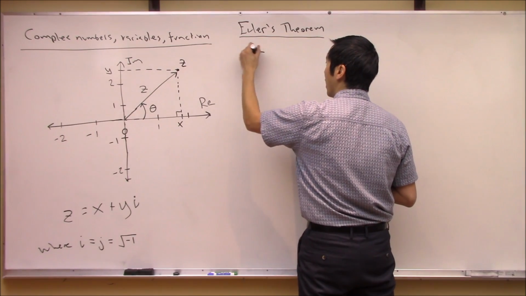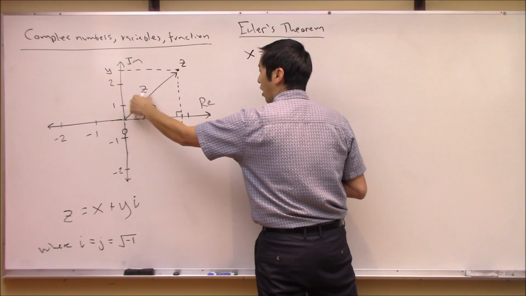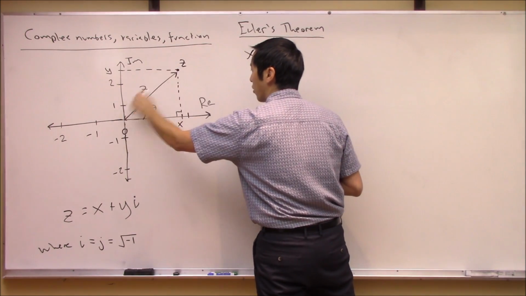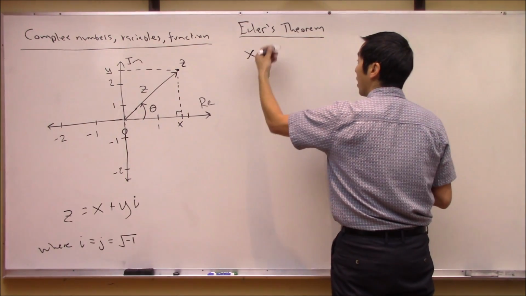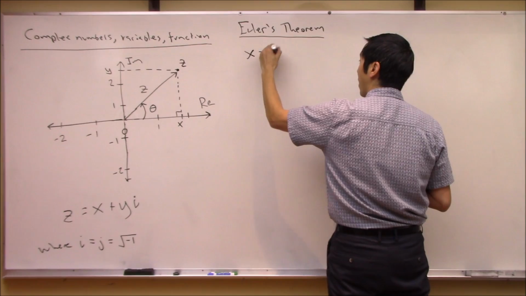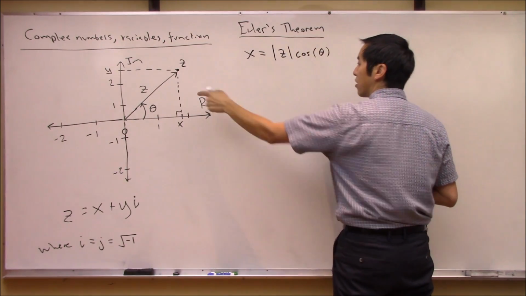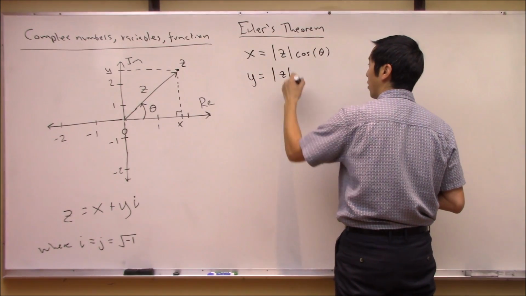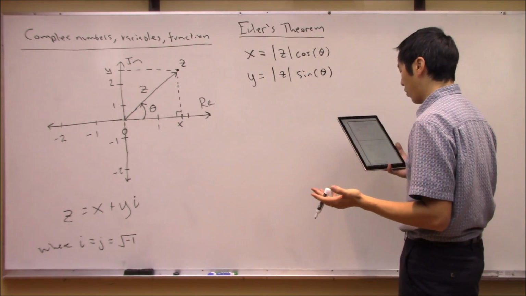You can see that this distance x, isn't this just the hypotenuse times the cosine of the angle? And what was the length of this hypotenuse? That's the magnitude of z. So I can basically write x is the magnitude of z times cosine of the angle, which is theta in this case. Similarly, y is just the magnitude of the vector z, or the hypotenuse, times sine of the angle theta. I think everyone agrees with that.